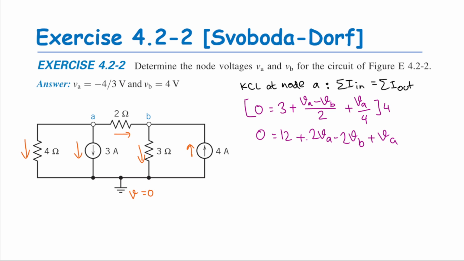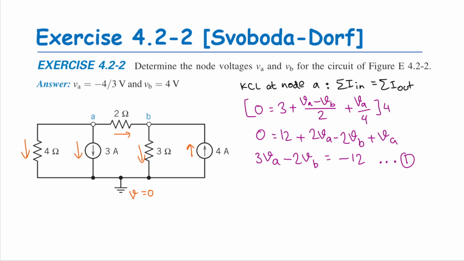Okay, now let's simplify this equation. We will have 3 VA from this one and this one, and then minus 2 VB from this one, and then let's move this 12 to the left hand side, so I will have minus 12. I think nothing that we can do from here. Let's save this as equation number 1.